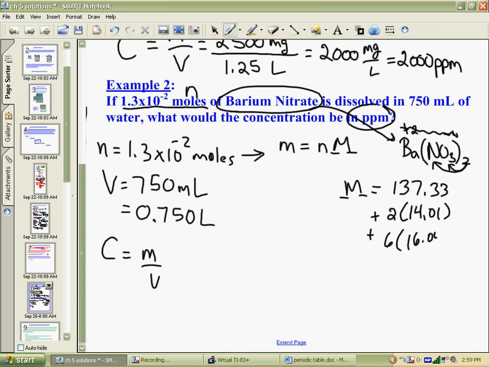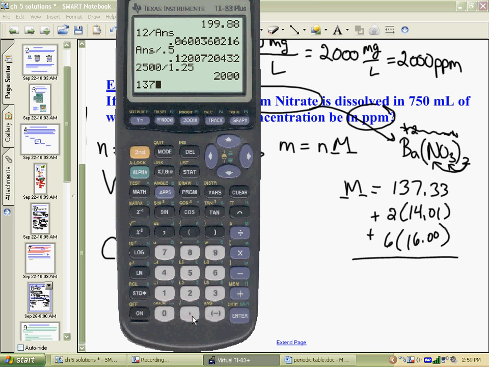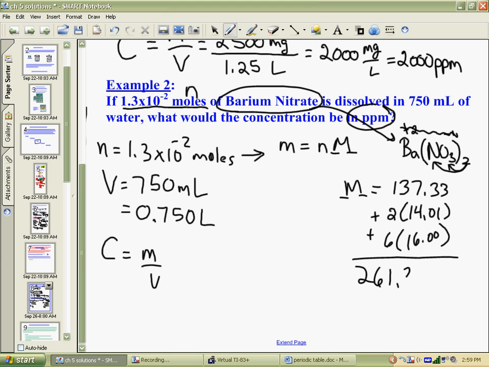To add all that up, we have 137.33, and we add 28.02 and 96. That gives us 261.35. That's grams per mole, which is our molar mass of barium nitrate.